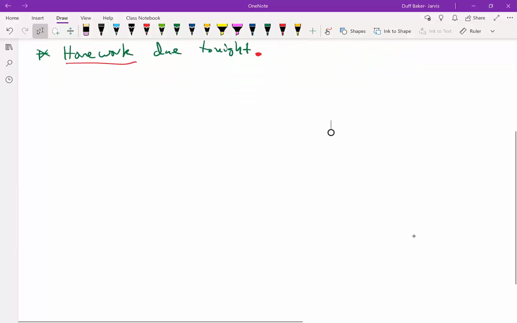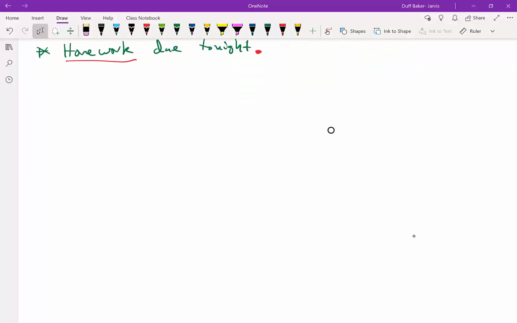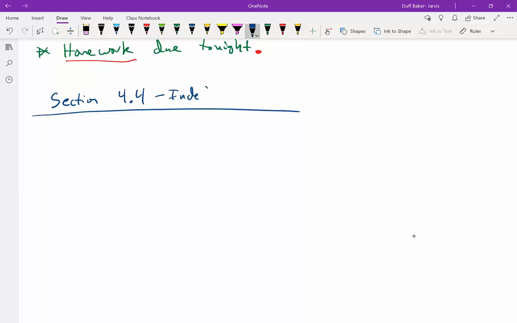Okay, well, let's move right along. We're hitting section 4.4 today. I think we're actually mixing sections a little bit here, but what we're talking about today is indefinite integrals and the net change theorem.